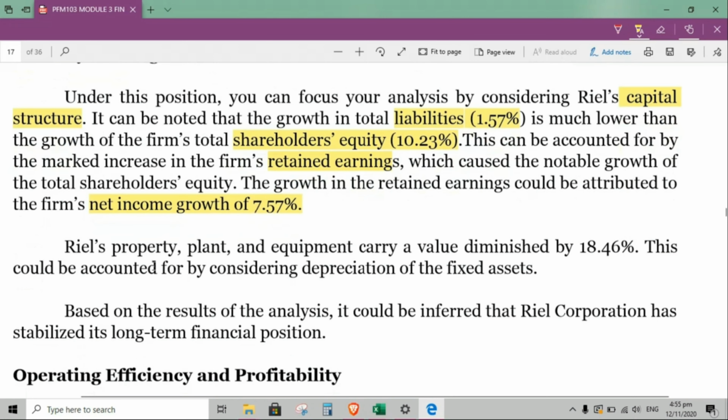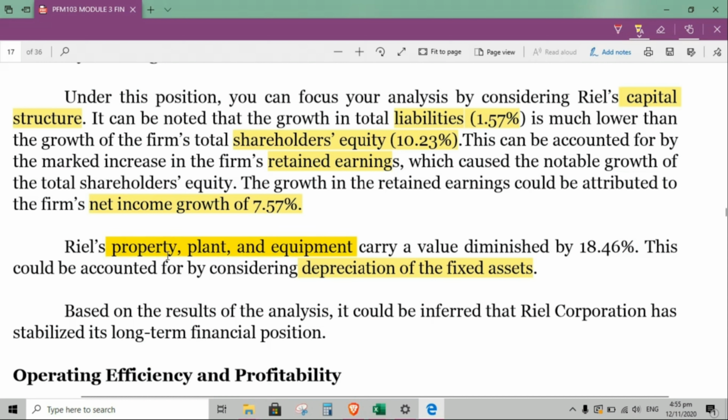shareholders. So, real property, plant, and equipment carry a value diminished by 18.46%. So, medyo bumaba yung value ng kanyang PPE or property, plant, and equipment. Meaning to say, dahil bumaba yan siya, it can be caused by the depreciation of the fixed assets. Diba? Property.